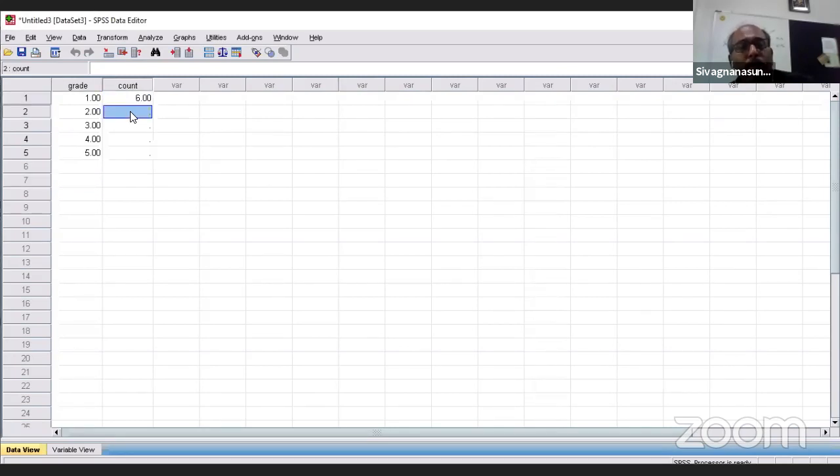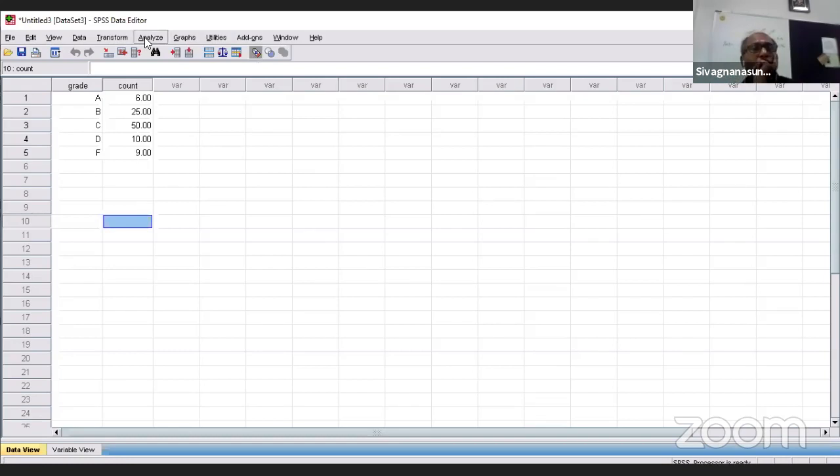So these are the frequencies that I have got, the observed frequencies for the letter grades. For A grade, how many students have got it? 6 students have got A, 25 students have got B, and 50 students have got C. 10 students have got D, and 9 students have got F.